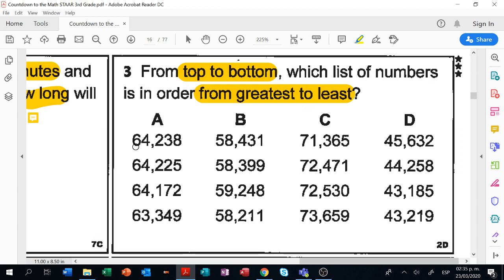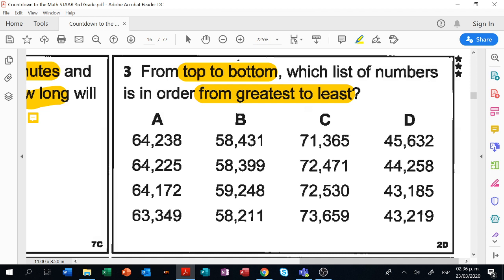64,238. Try to read your numbers out loud. 64,225. 64,172, and the last one here is 63,349. Let me see. The first number is bigger than the next one, so far it's correct.